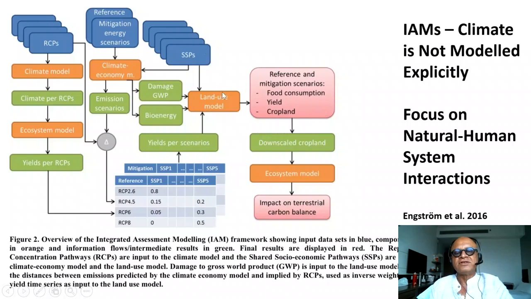So the simplest way to say is that integrated assessment models are not detailed Earth system models or climate models. They make climate one of the modules, with a lot of the focus on all the socioeconomic activities like bioenergy, land use, energy production, food consumption, yields, croplands, and so on and so forth.